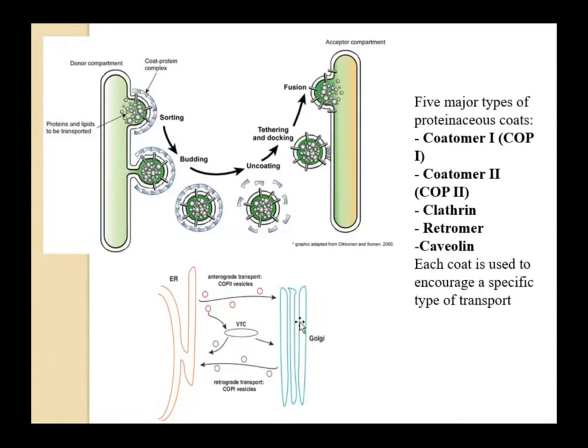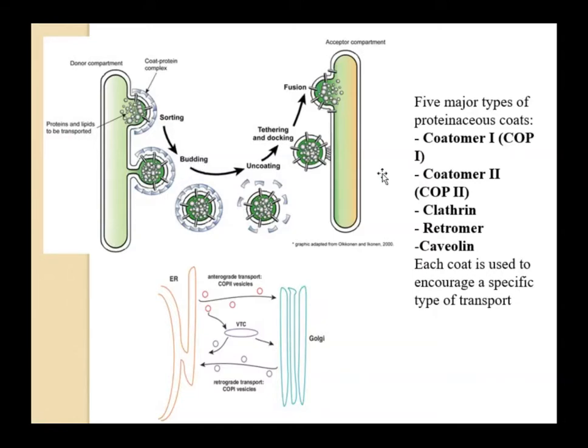But here I want you to pay attention: the process of formation or budding of vesicles from one organelle or from one cistern, and merging them with the other, is aided by specific coat proteins. Here we can see the coat proteins, for example, this one, which is colored blue.